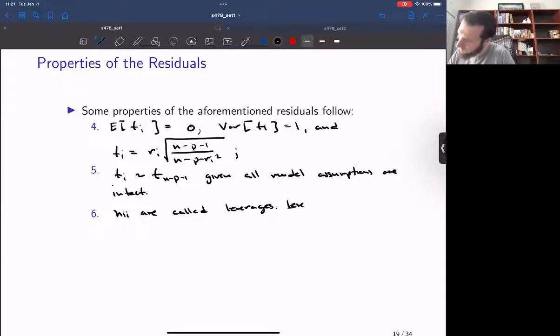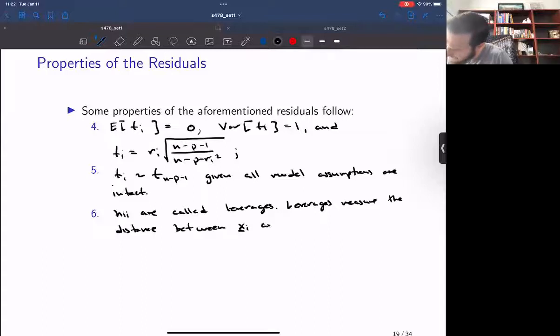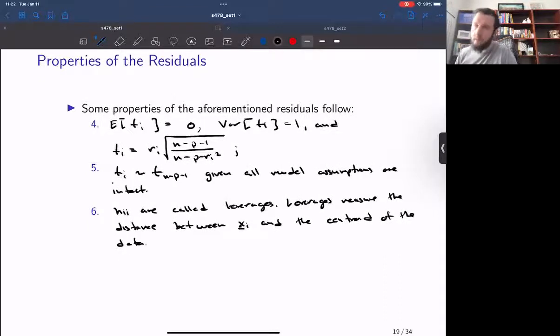And the leverages measure the distance between xi and the centroid of the data. And I'm going to come back to show some examples of the leverages momentarily.